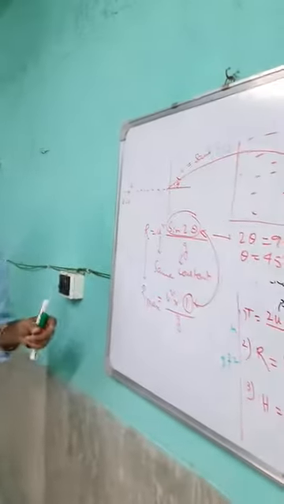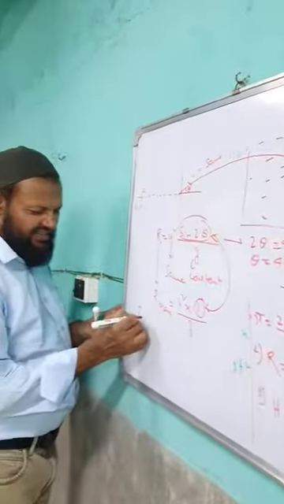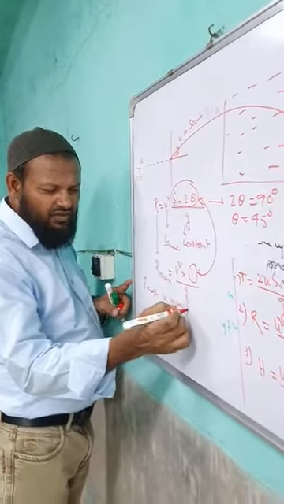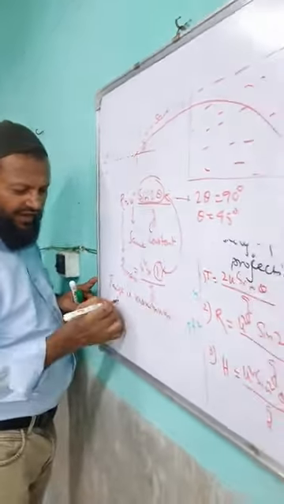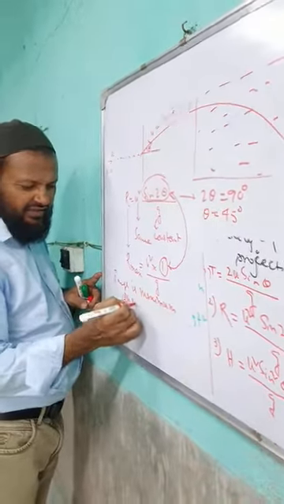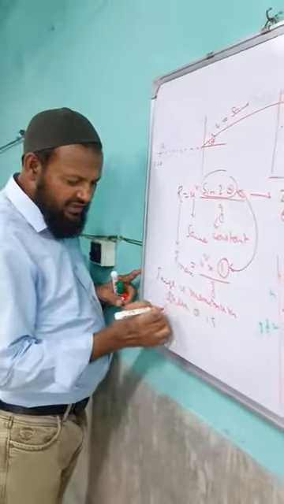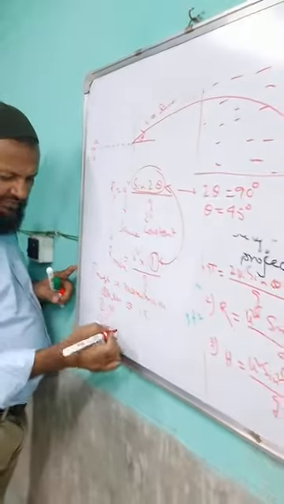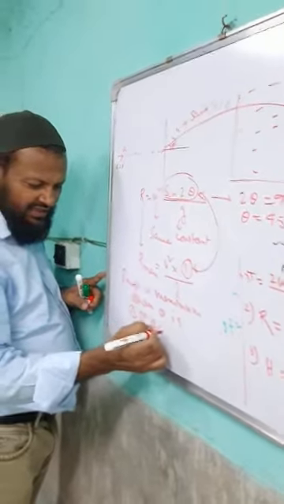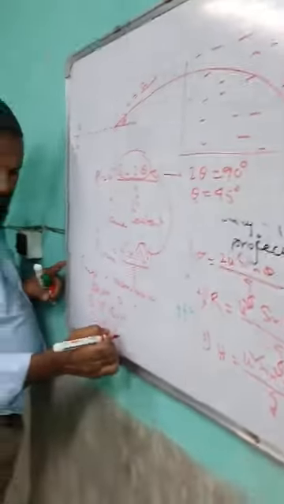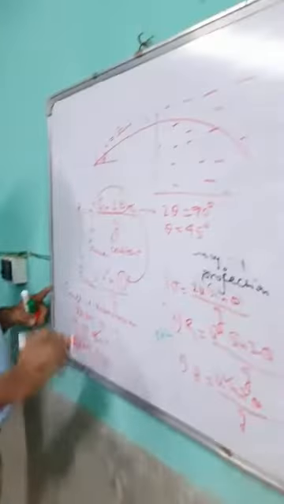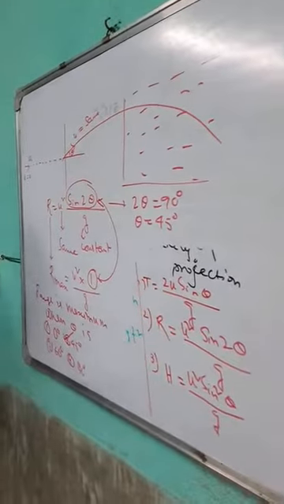MCQ question: range is maximum when theta is 0 degree, theta is 65 degree, theta is 45 degree, theta is 90 degree. Which one is correct? This one is correct. Okay.